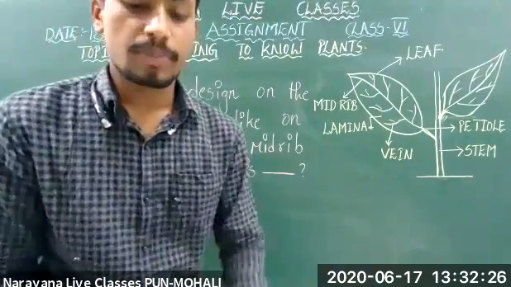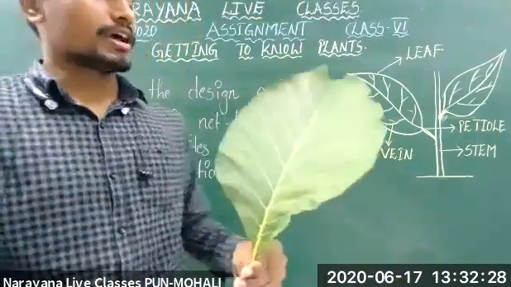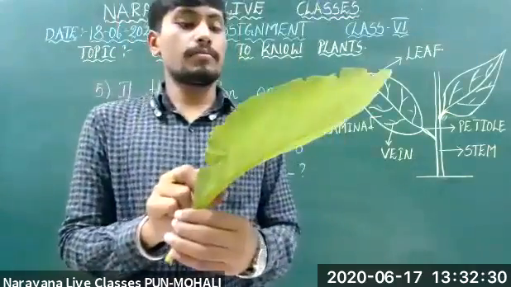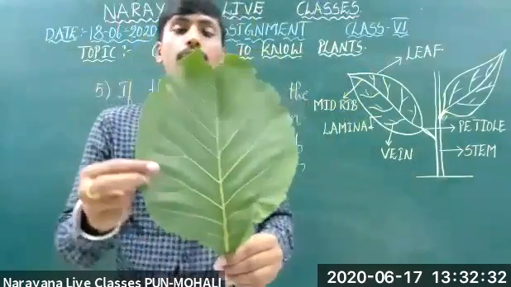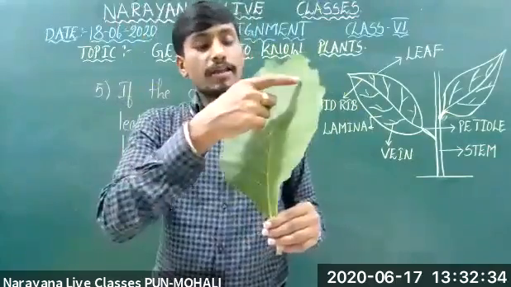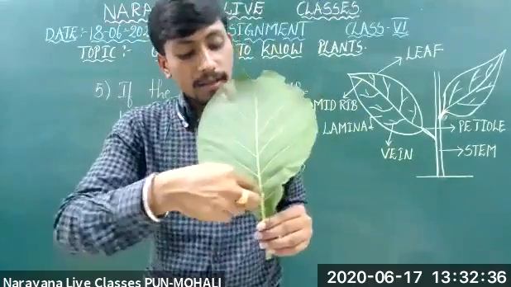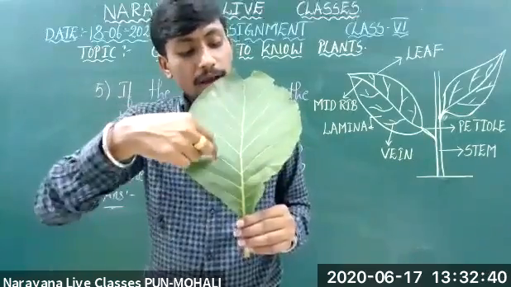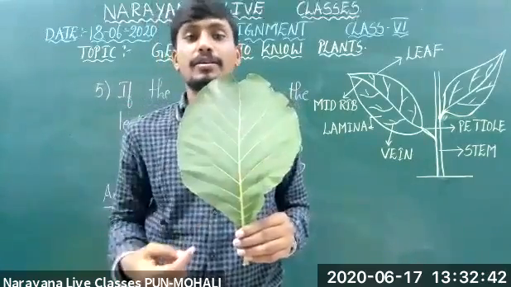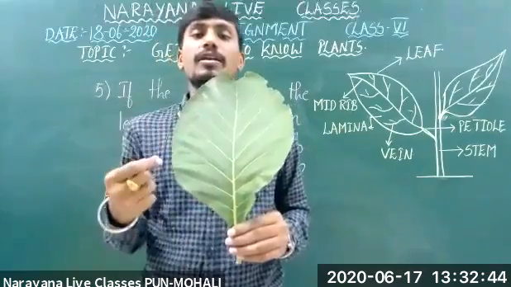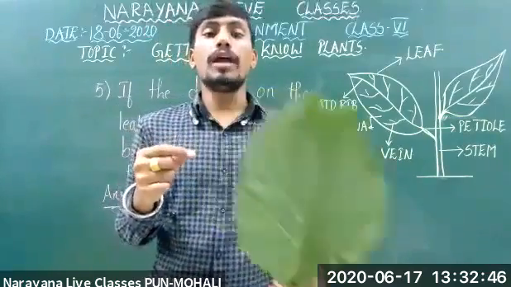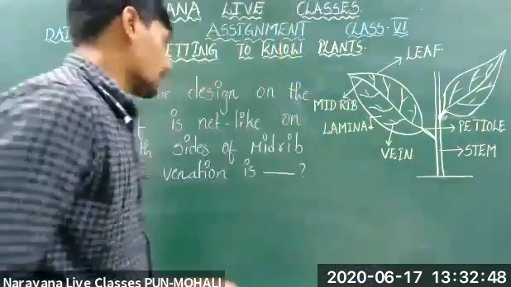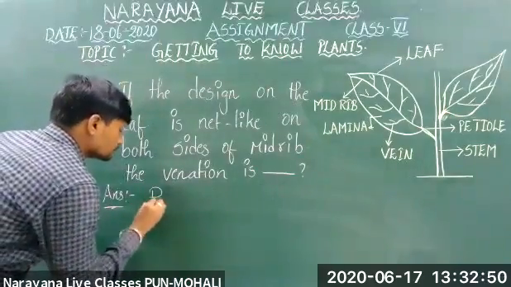In this leaf which we are seeing in this question, there is a network. The main axis we used to call the midrib. On this side and this side it is forming a net-like structure. This type of venation is called reticulate venation.